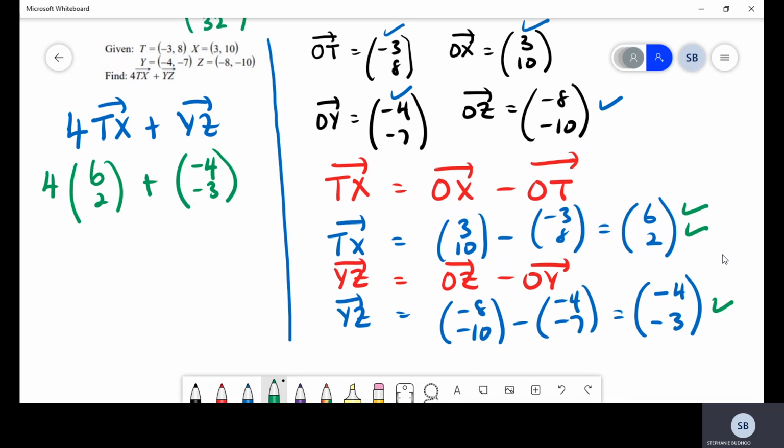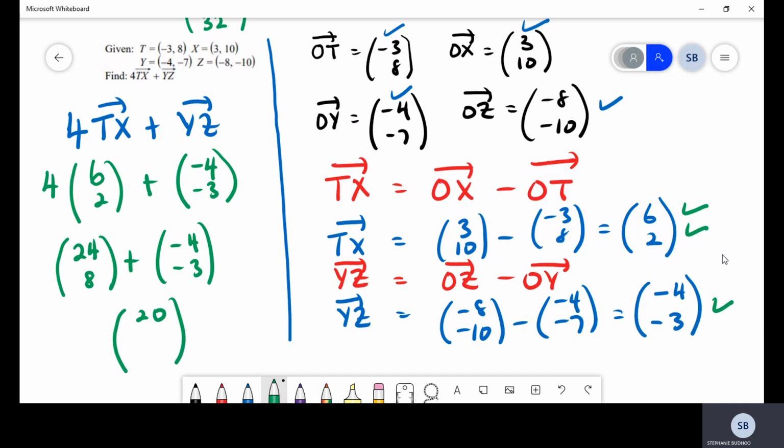Before addition, we must always make sure everything is written inside the bracket, so we bring that constant 4 inside. We get 4 times 6 is 24, and 4 times 2 gives us 8. Performing addition, 24 plus -4 gives us 20 on top, and 8 plus -3 gives us 5. And that's our answer to this question.